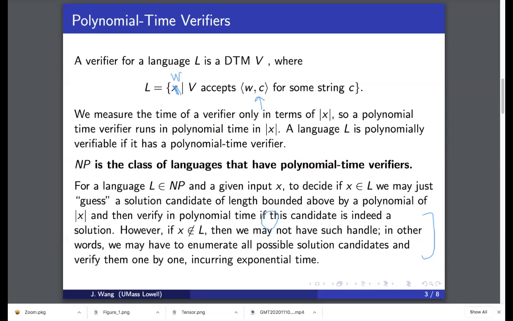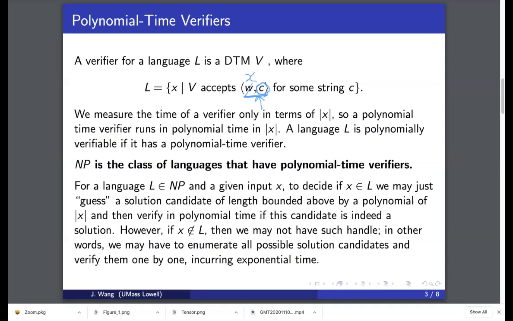You take this and then you simply want to verify that this C really is an accept path of x. I used W here, the books use W, but I like to use x, so let me change that back to x.